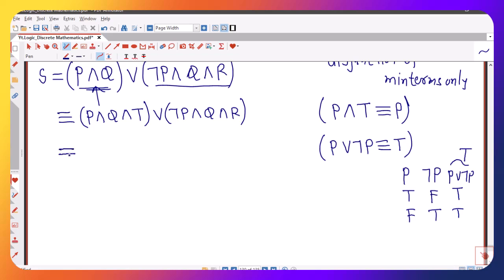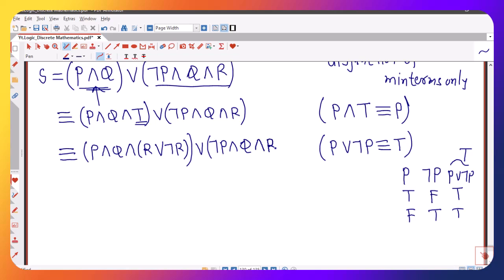So I can replace this capital T by R or negation R because P and Q are there, so I require variable R. So I can write that T is logically equivalent to R or negation R, and we keep this as it is, negation P and Q and R. So this is using this logical equivalence.